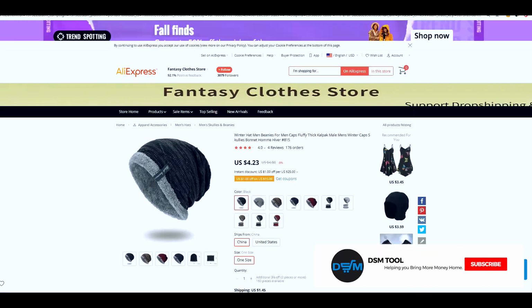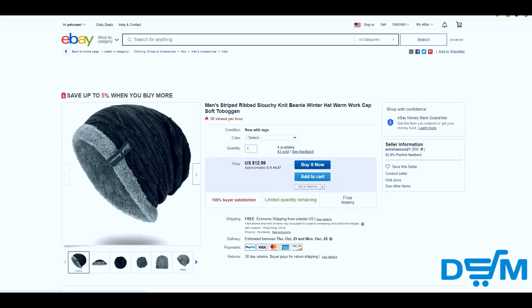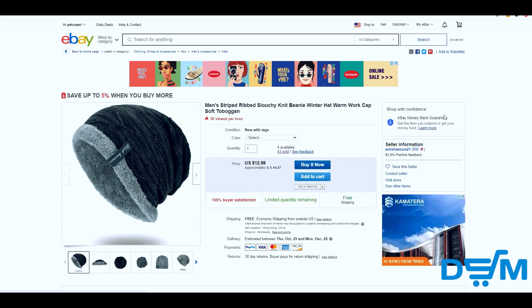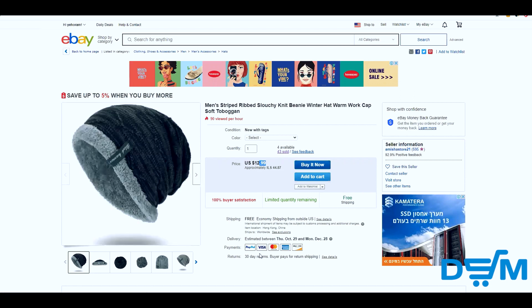Then if I can find these kinds of arbitrage opportunities between products on eBay and another website like AliExpress, I could potentially offer that exact same product for a slightly lower price. Let's say that I would sell it for $11.99, $1 less.